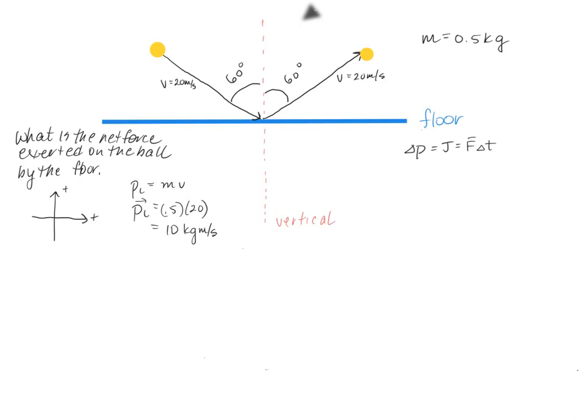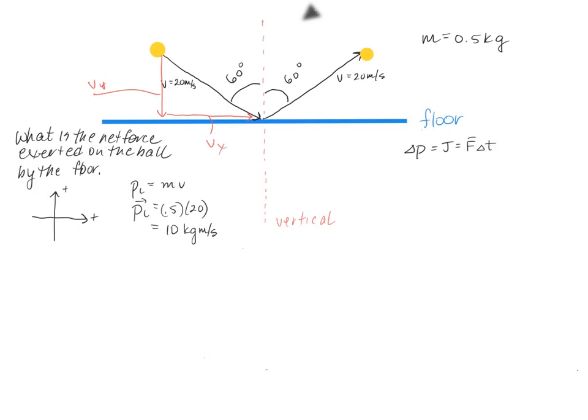So we're going to do a little bit of trigonometry to find those components. So if I draw this downward arrow right here, this is the y component. And if I draw this arrow over here, this is the x component, Vx.